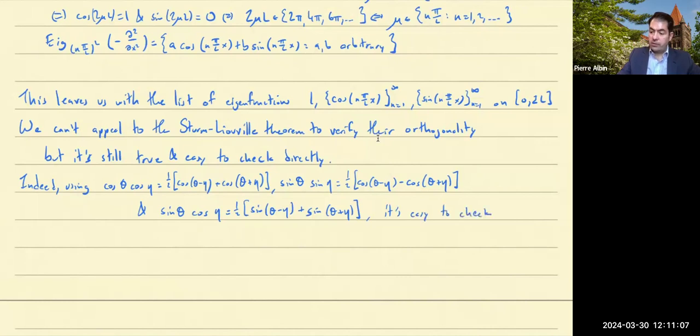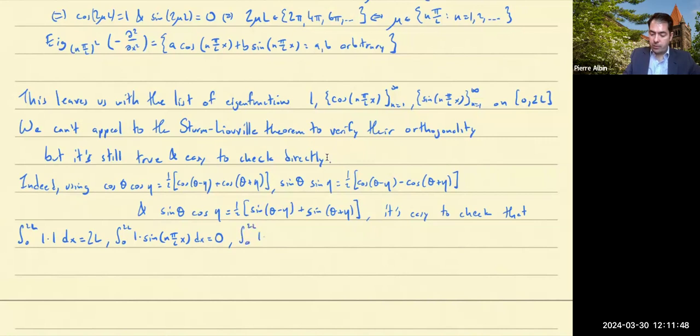Using these identities, it's easy to check that if you multiply two of these eigenfunctions together, for example, if you multiply one times one, you get L. If you multiply 1 times sine, well, notice that you're integrating over a full period of sine, and the integral over a full period gives you 0.